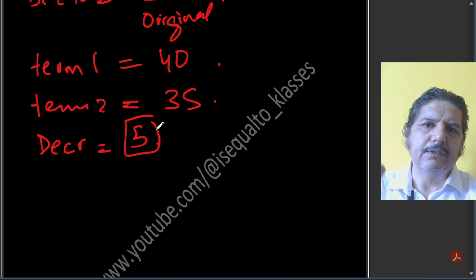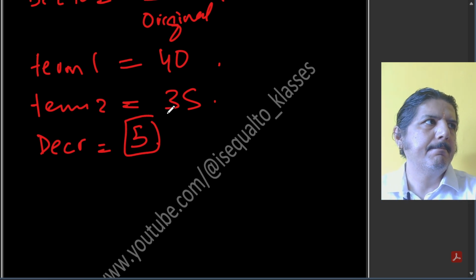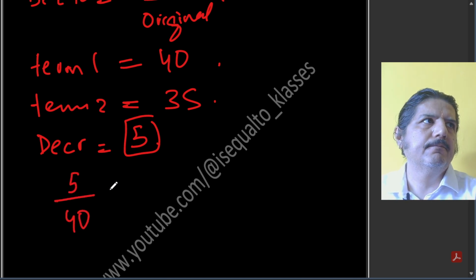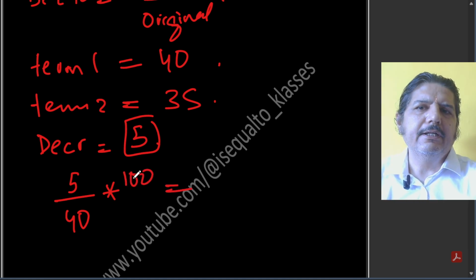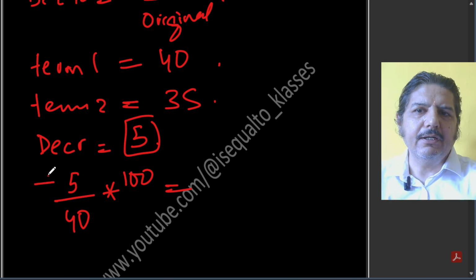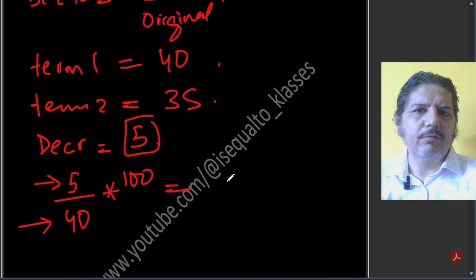This decrease is on term 1, that is 40. So 5 upon 40. Now when we have to calculate the decrease percent, it will be the decrease upon the original. The original is 40, multiplied by 100. You will have to calculate this, and whatever be the answer would be the percentage.